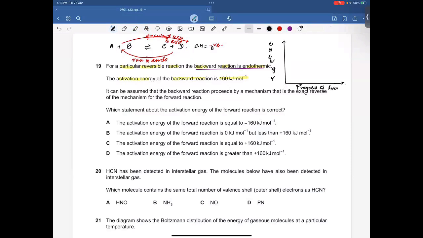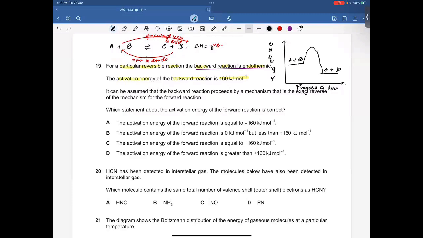Okay, let's suppose these are the reactants and those are the products. So for exothermic reaction, the energy of product is lower than that of reactant. So this must be C and D, and this must be A and B. And this is going to be the energy profile diagram for you.